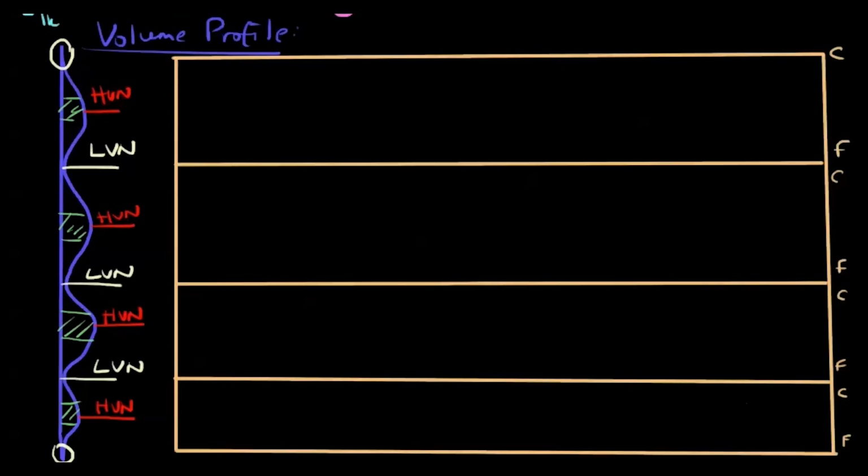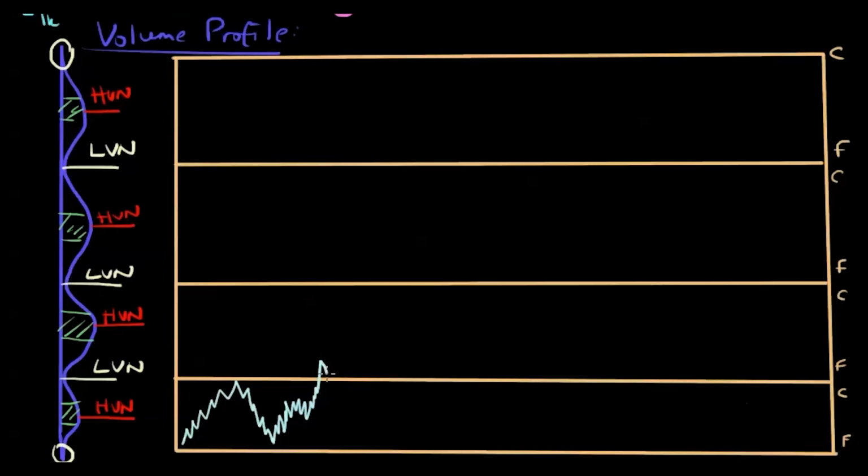So if we use that now and say, okay, I know that these are the areas that we have high volume and low volume, high volume. If I can just draw a simple line chart of the market moving, it would look something like this. If it were to move within these regions, it would be something like this. Resistance. And notice how it's spending a lot of time in here.